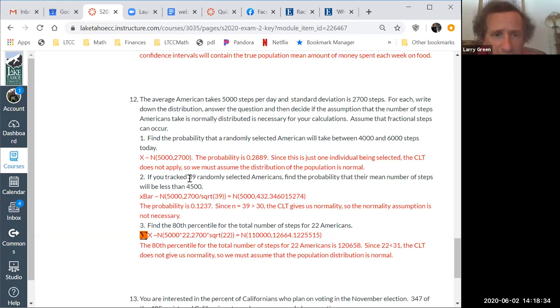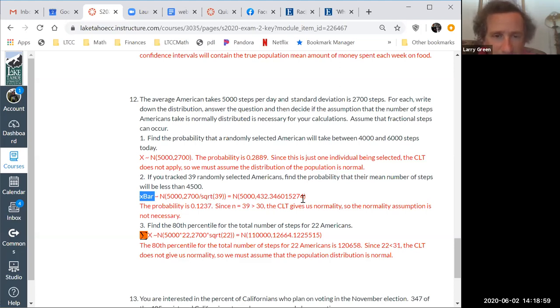Okay, if you track 39 randomly selected Americans, find the probability, and I want to highlight this, that the mean is less than 4,500. When it's a mean, then we're talking X bar. And the formula is that the mean stays the same, but the standard deviation gets divided by the square root of the sample size.